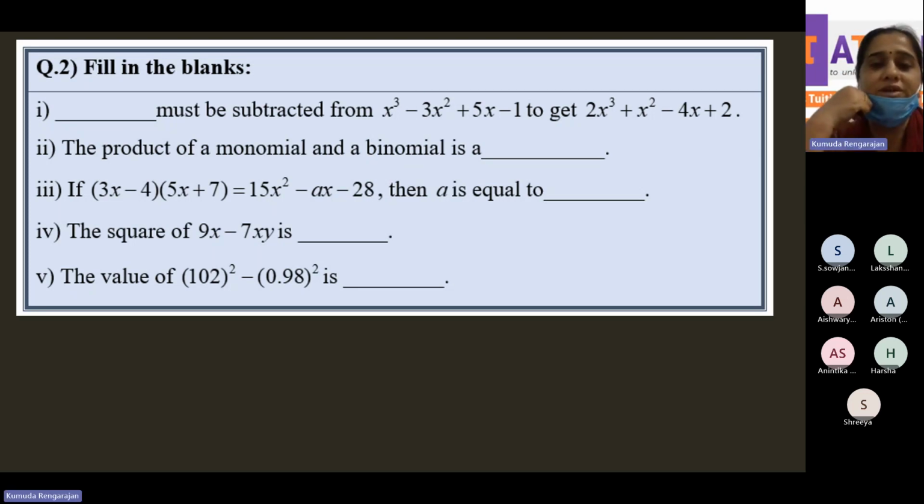Online students, all of you share your answer for the first one. Take a picture, put it on WhatsApp for me. Only the first one? Yeah, only the first one should do.